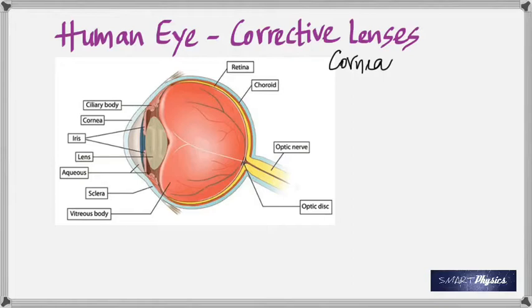Now the lens adjusts depending on what object you're looking at. If you're looking at an object very close, the lens becomes thick. And that's done by the ciliary muscles there. The lens becomes thick, and therefore you get the focus on the retina. If you're looking at the stars, now the eye lens becomes really thin, and your eye is set to be in a relaxed position.